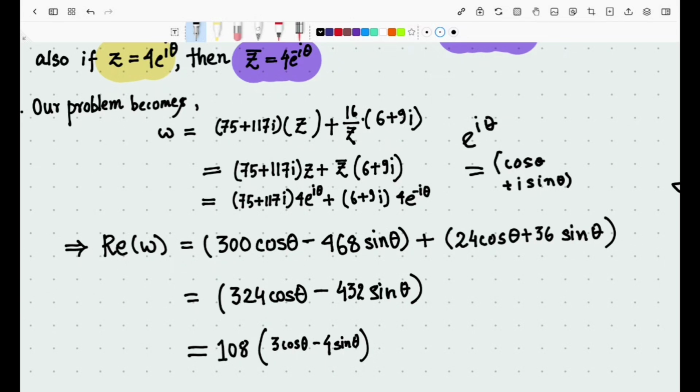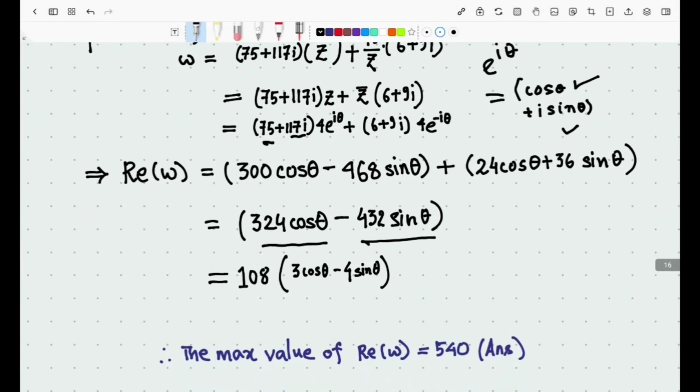We don't have to calculate the imaginary part as well, because this is a very shortcut method: that is 75 into 4, and as 75 is the real part, just multiply the cos theta term with it, and 117 iota, as it is a complex part, multiply with it a complex and get the real value, right? Which on simplification gives us the value as 324 minus 432 sine theta, right?